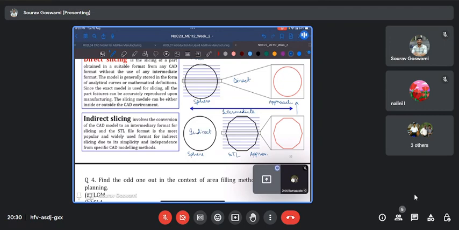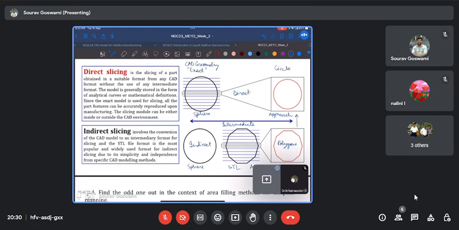So now we can work our way backwards and see that in indirect slicing, the contours we obtain are polygons, whereas in the case of direct slicing, the contours we obtain are curves.